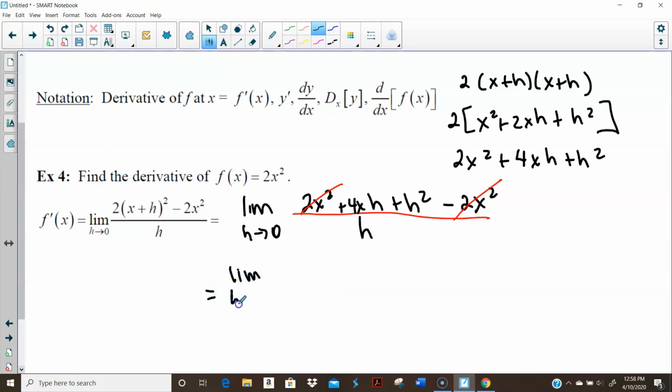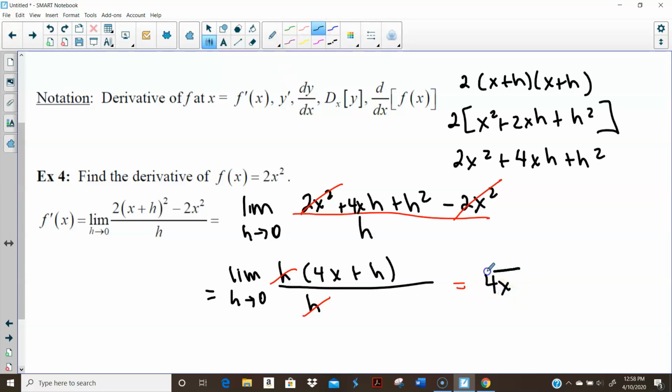So the limit as h approaches 0. Factor that h out, which gives you 4x plus h over h. Now the h's will cancel, and I can take that h and replace it with 0. So after direct substitution, my answer is simply going to be 4x.